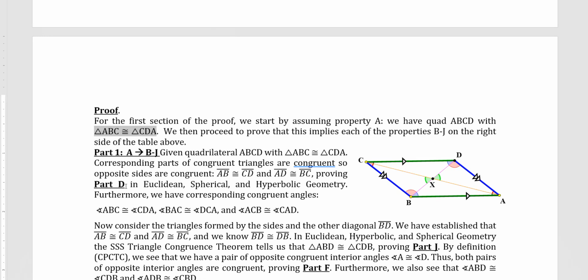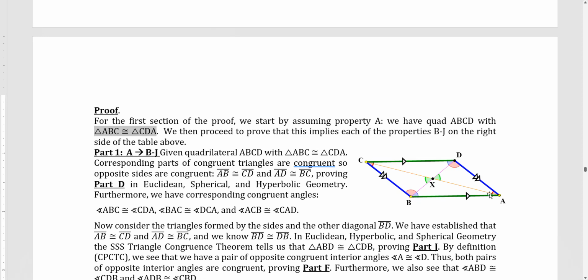Now we also have some corresponding congruent angles. Angle B, that is CBA, is congruent to angle ADC, so we have a pair of opposite congruent angles. We also have some other angles that are congruent.